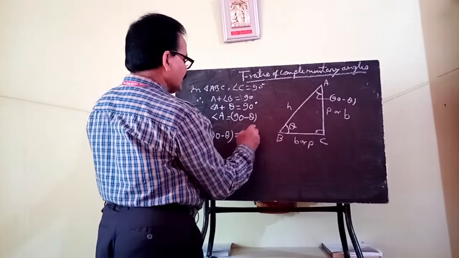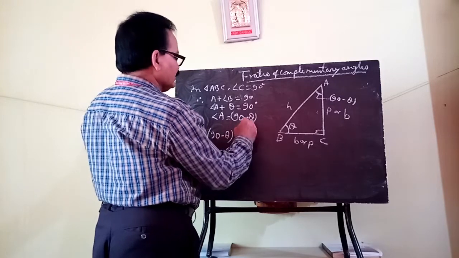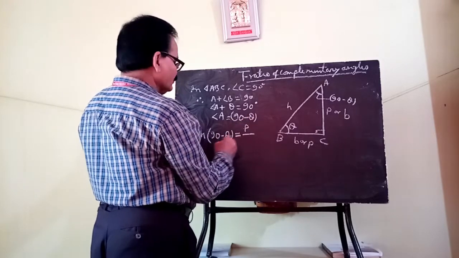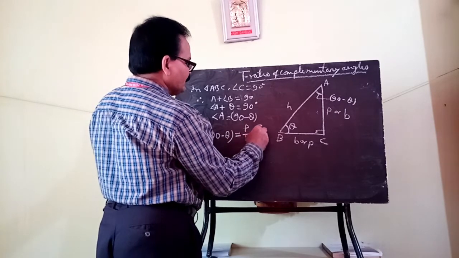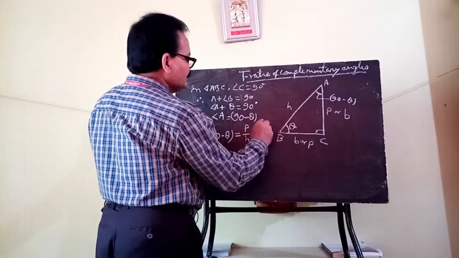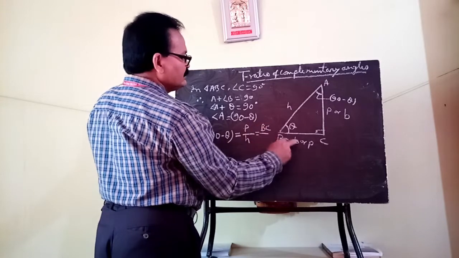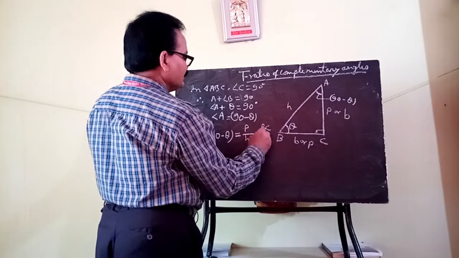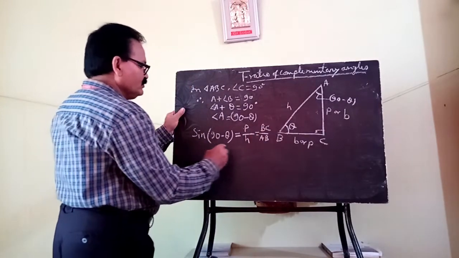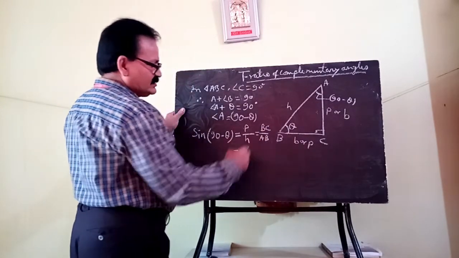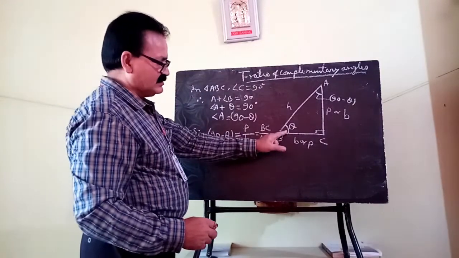For any sine value you have to find the ratio of P and H. So here P is BC and H is AB.